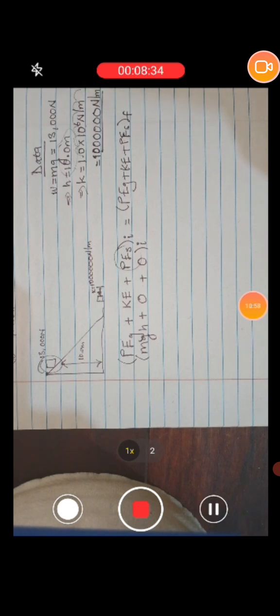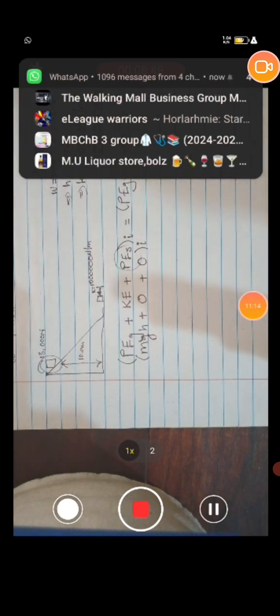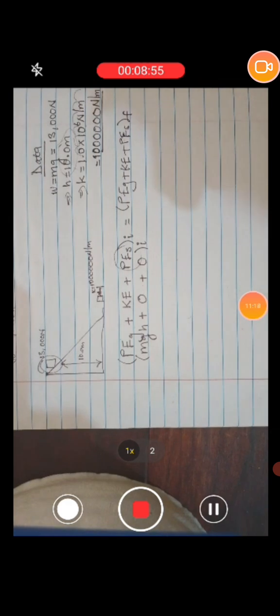Now, since they are saying in the question to find the maximum distance the spring is compressed after the car hits. When the car hits the spring, for the spring to be compressed maximally, the car should stop. Because if the car is moving, the spring will continue being compressed. But when the car stops, the spring reaches the maximum.